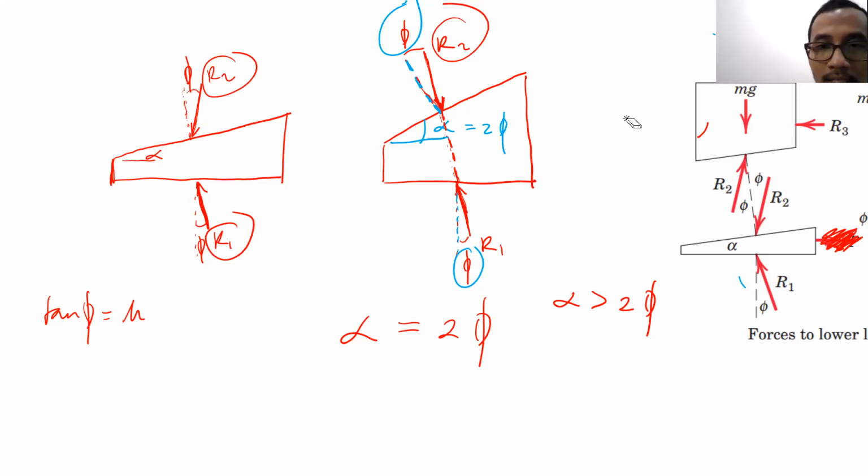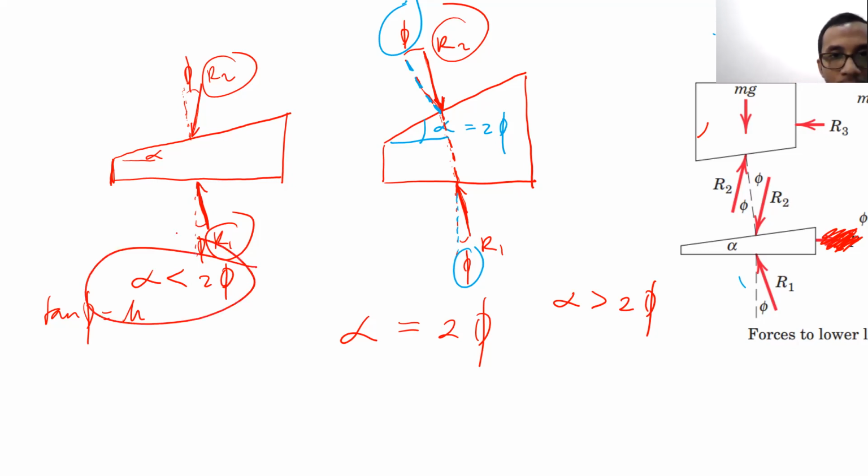In this case, alpha is less than 2v. The total force of R1 and R2, the resultant, is still going to the left, which resists the movement to the right. So this one is still self-locking. This one is in the limit.